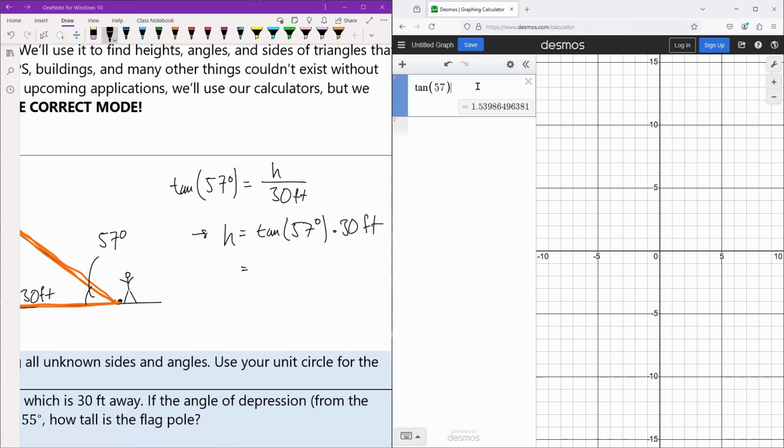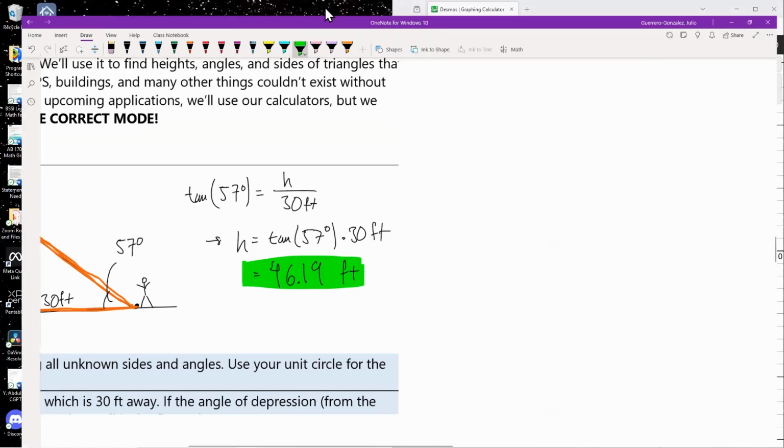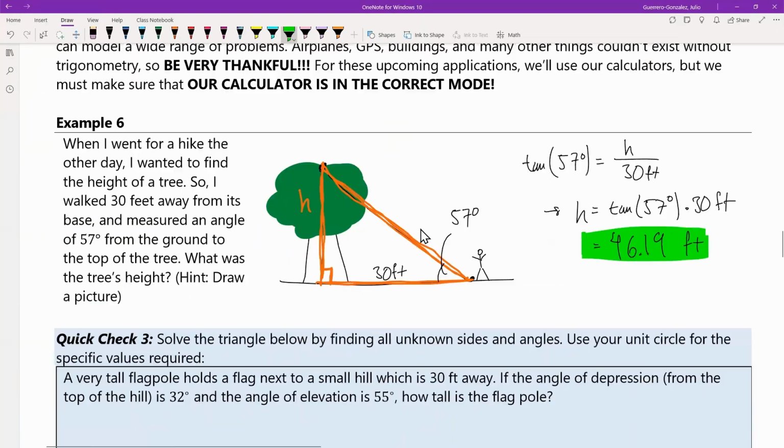Times 30. 46.19. 46.19 feet. Done. So, on my hike, the height of this darn tree was about 46 feet tall. That's it. We're done. Okay?